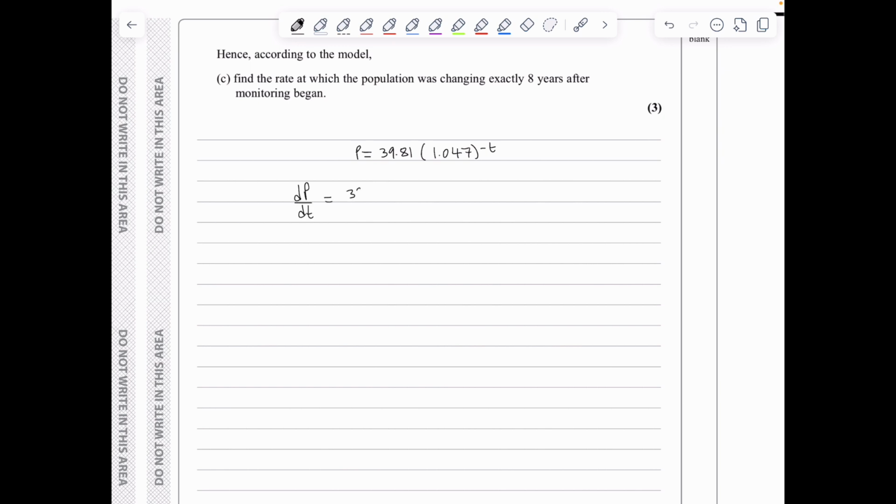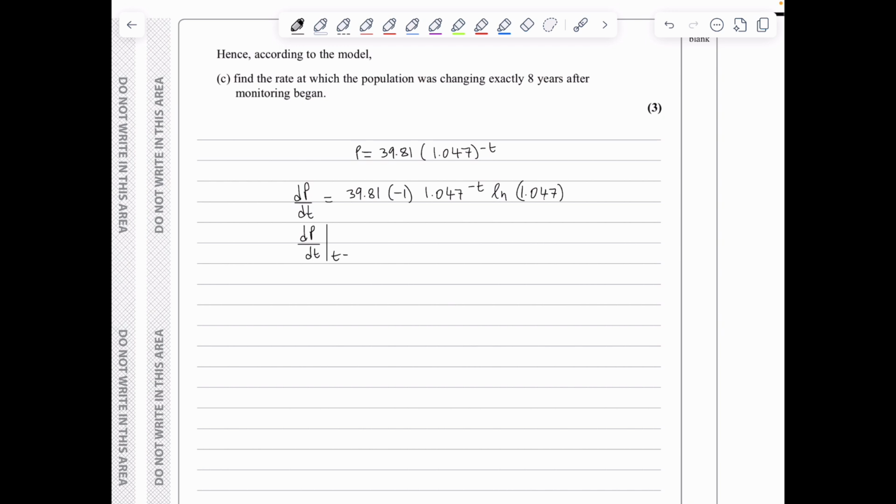So 39.81 is a constant, but for the derivative of 1.047 to the negative t, well, the derivative of negative t is simply negative 1, and 1.047 to the negative t times ln of 1.047.